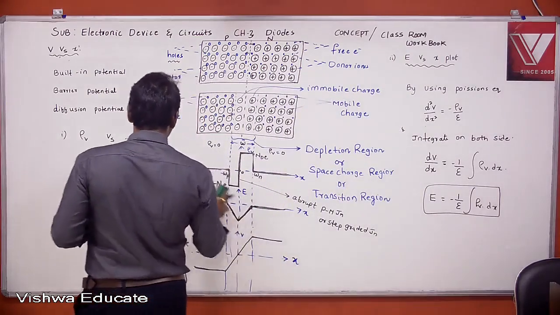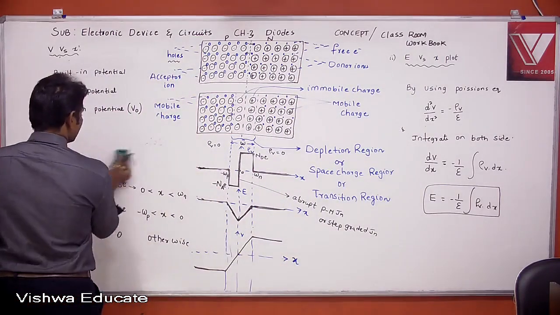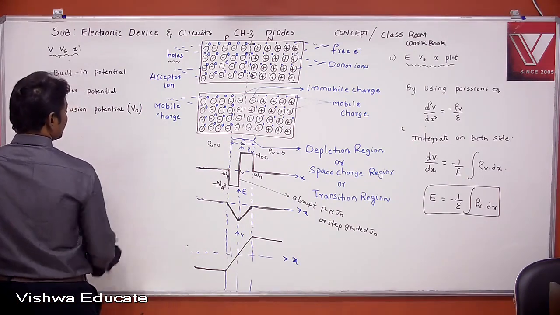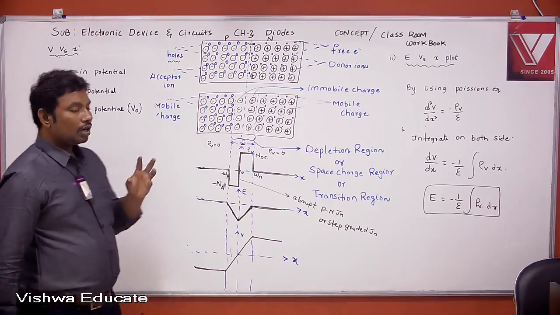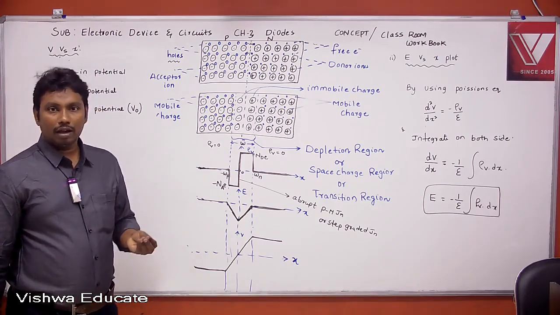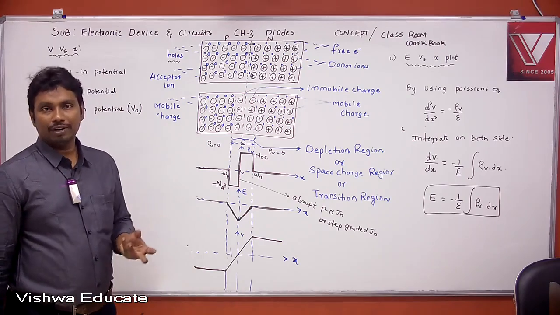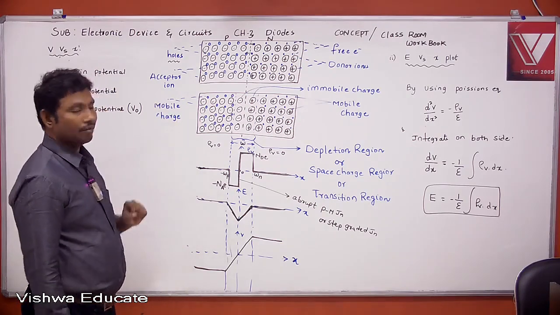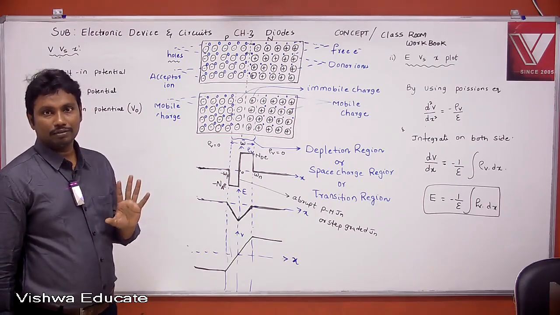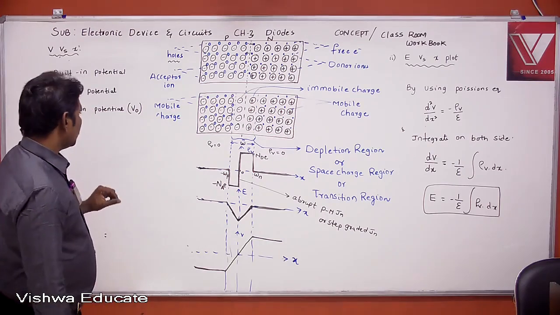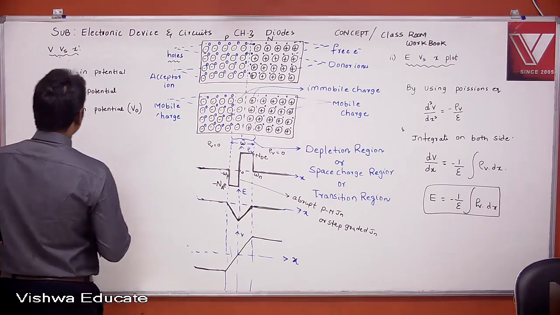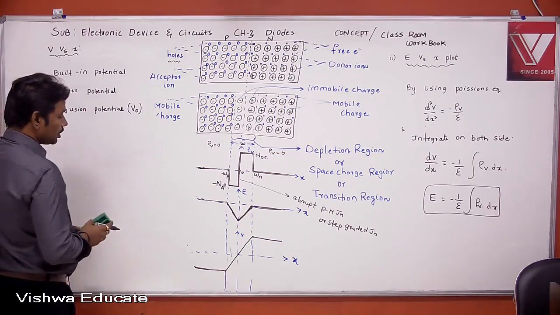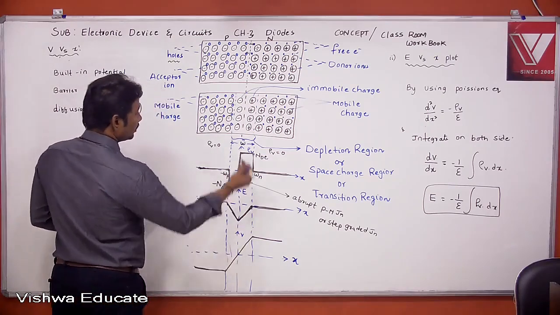Next, I will also plot the energy versus distance plot of a PN junction. That is very important, because when we apply any voltage to an electronic device, we want to observe what energy changes occur inside the device. To draw the potential energy versus distance plot, how will it vary in case of a PN junction?